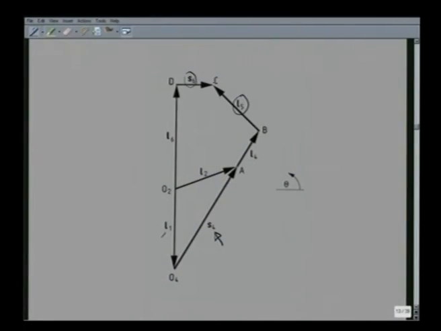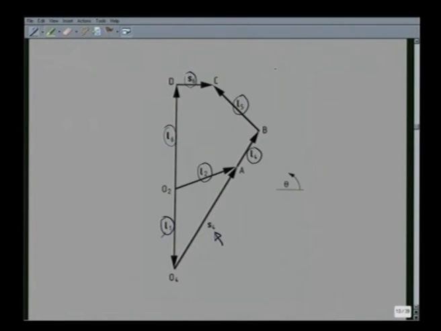So, here what we see is that there are link length vectors like L1, L2, L5, L4 and L6, that is the distance of the slider movement from the point O2. So, these 5 link length vectors are constant, they are not changing with time.